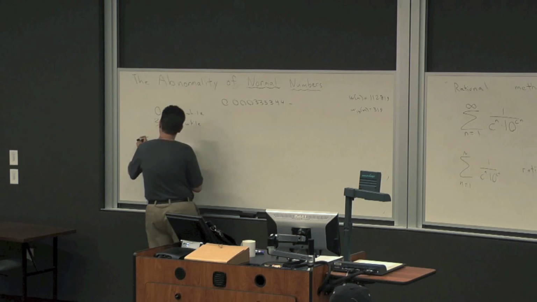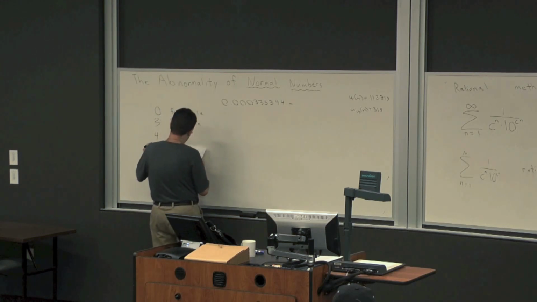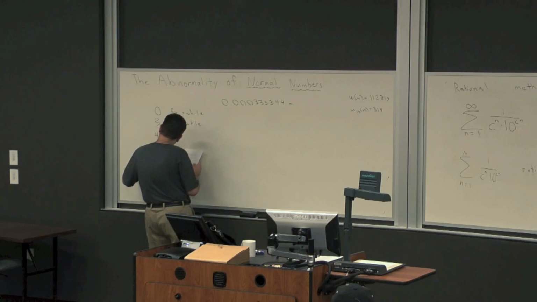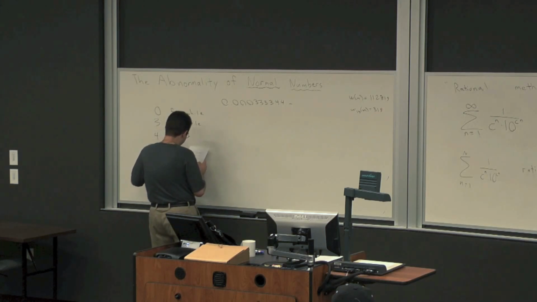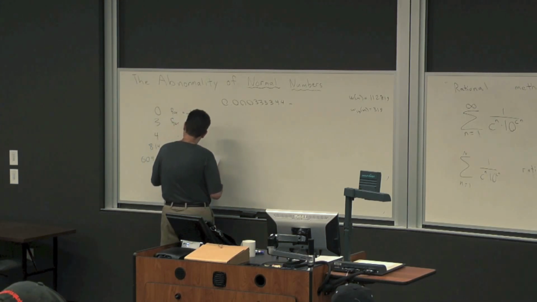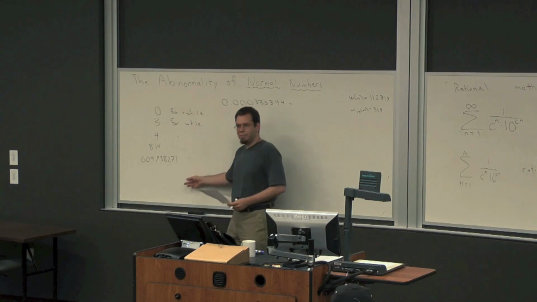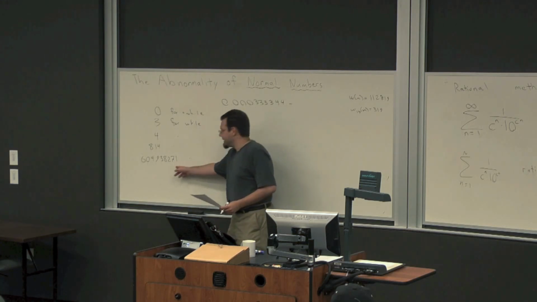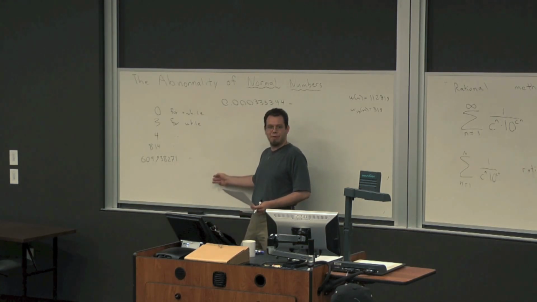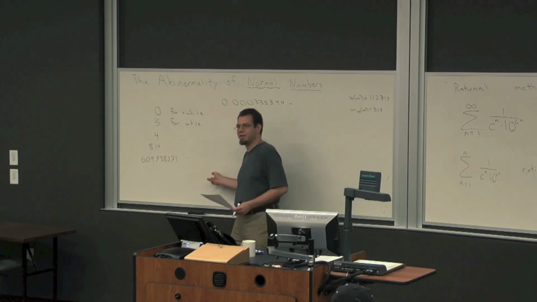Then you get 4 for a while. Then you get 814 for a while. Then you get 604938271 for a while. And you keep going farther and farther out, keep getting longer and longer periods, and you keep hoping that, if you did things right, maybe these periods have good normality properties.